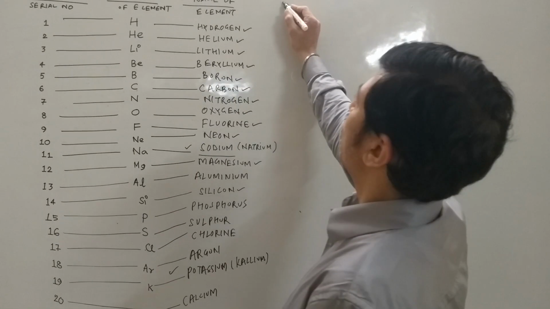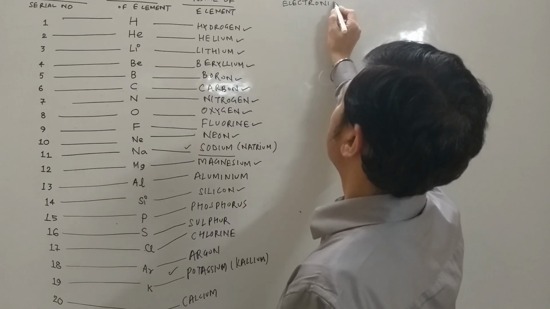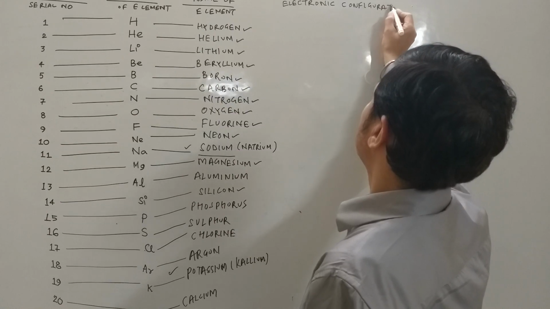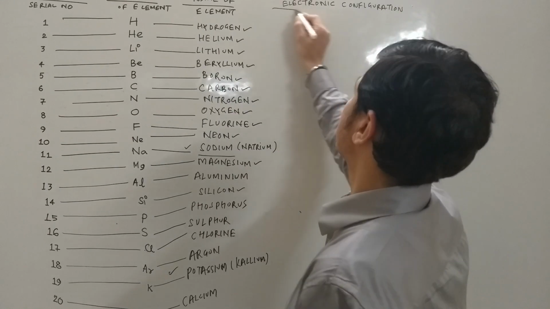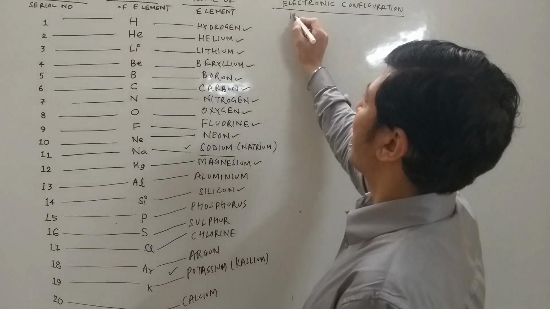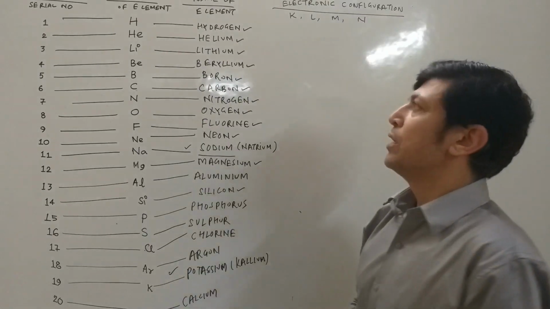Let us quickly now look at the electronic configuration, which stands for the distribution of electrons. So you know that we have a K shell, L shell, M shell, and N shell.